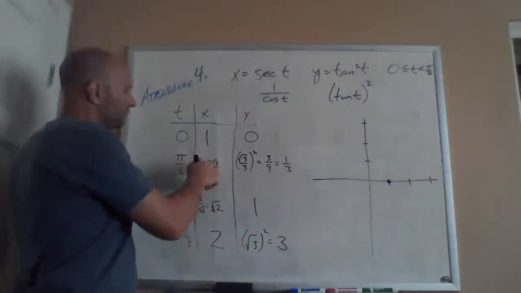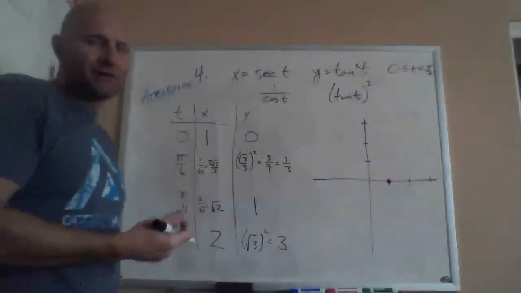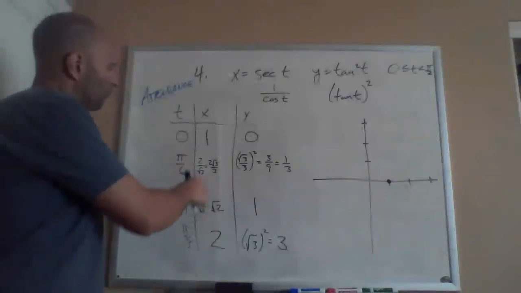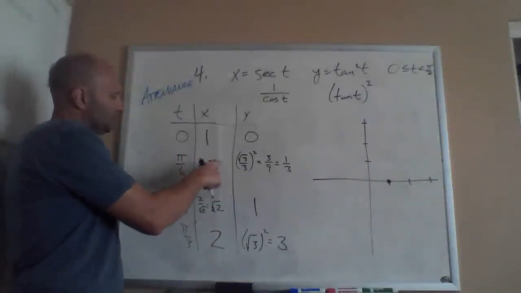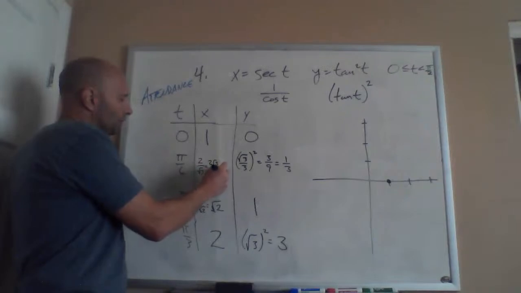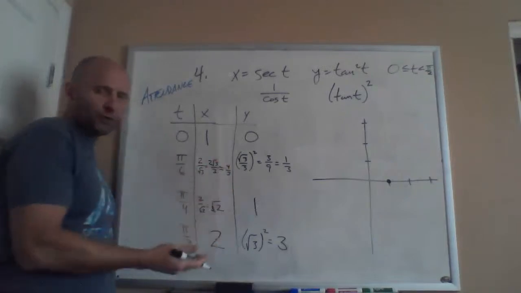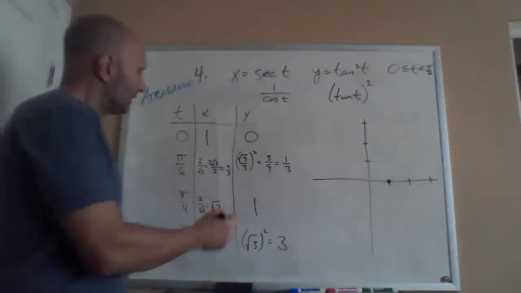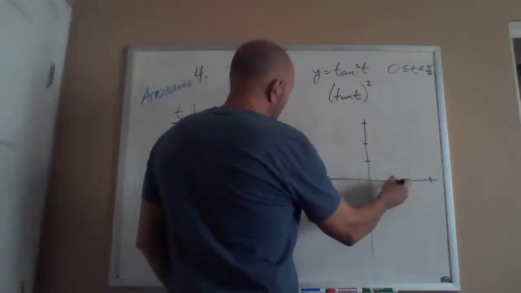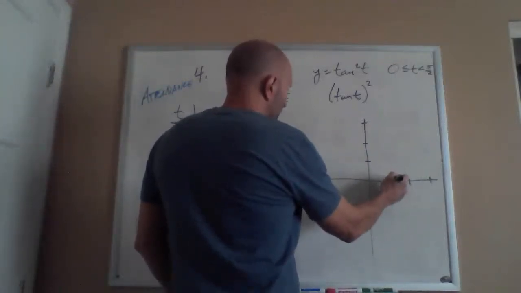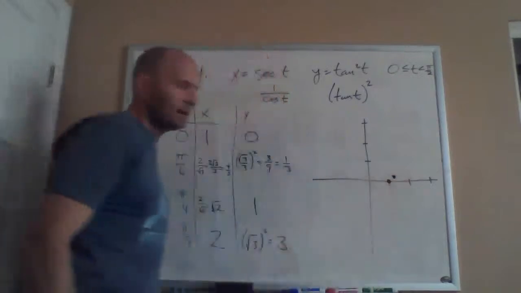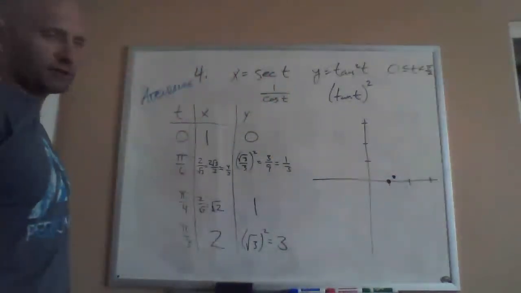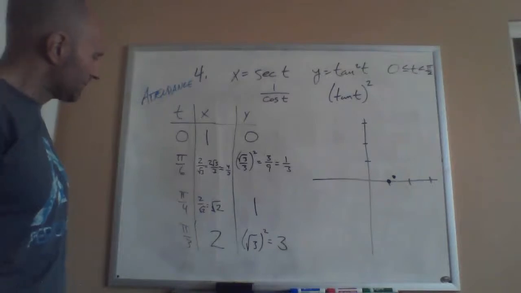Well, pi over 6, remember I told you that square root of 3 is about 2. So if it's about 2, this is roughly 2 times 2 is 4. So this thing is about 4/3, 1 and 1/3. So if I go about 1 and 1/3 and then up 1/3, it gives me a point right there, almost right next to the first one.